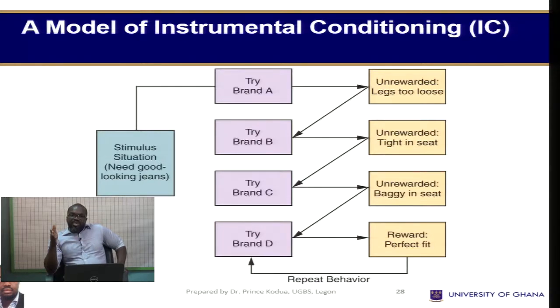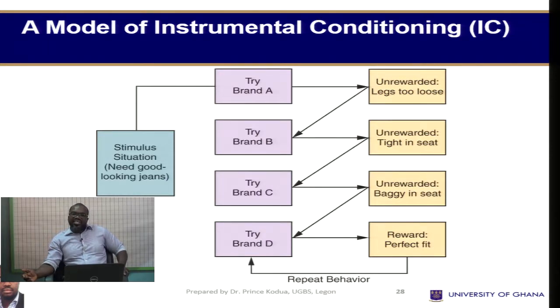So this model is simple. This person tries brand A, finds some fault with it. Maybe the legs are too loose. Tries brand B. Also, there's no reward because it's tight in the seat of the jeans.